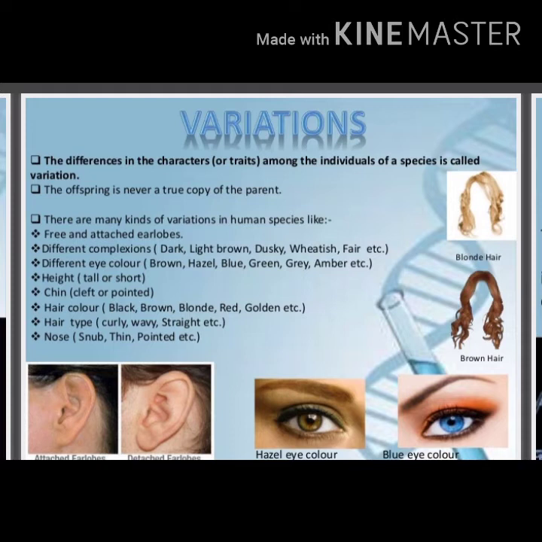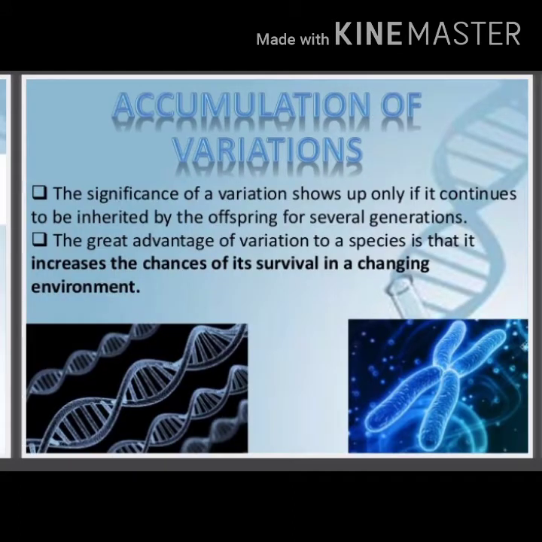So, what is the significance of this variation? What is the advantage of this variation? Variations help to adapt in the changing environment. Variation results in the evolution of new species. Evolution of new species is happening only because of variation, or variation is the basis of evolution.